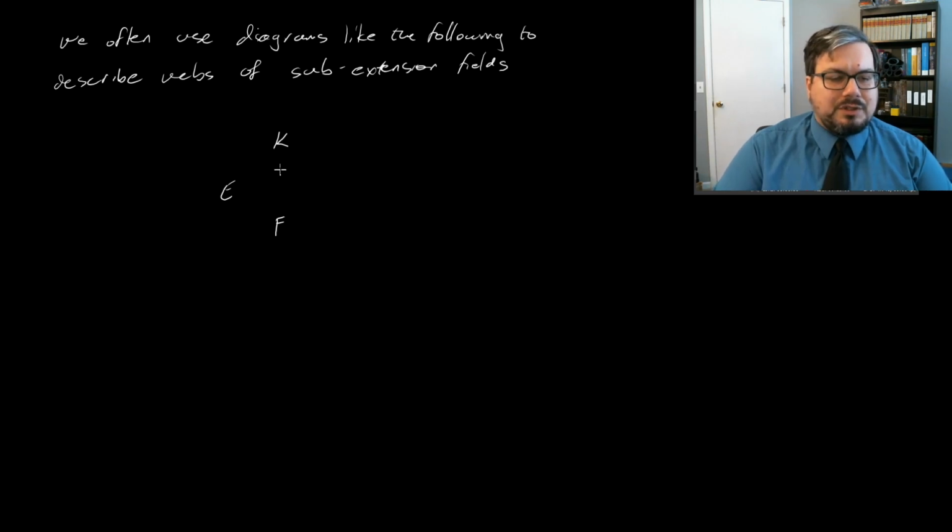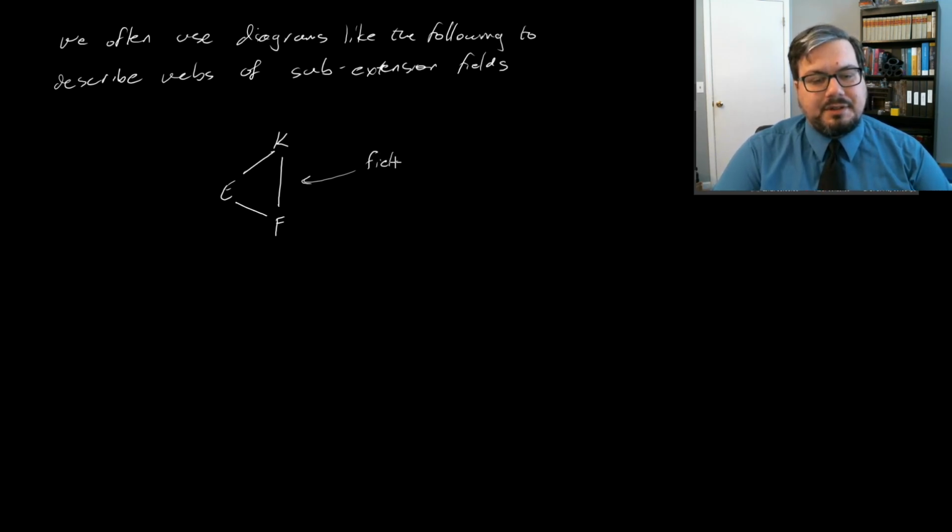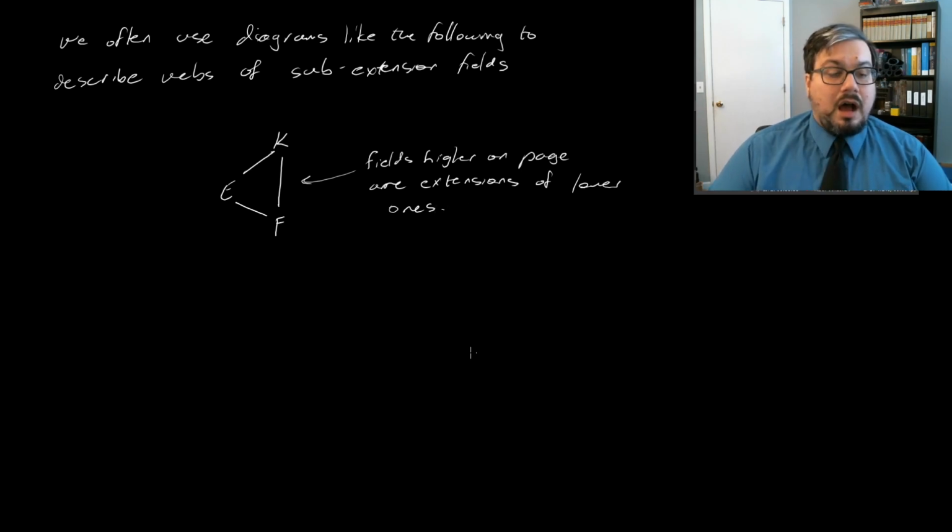And what we will do is we will often draw these lines here, and they indicate that the fields higher on the page are extensions of the lower ones. Furthermore, we will often label these bars with the degree of the extension.